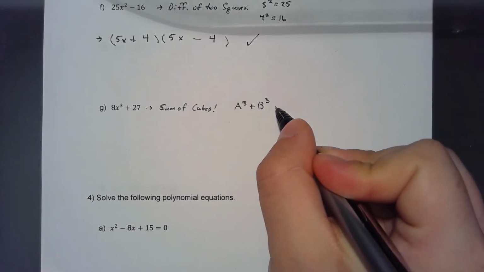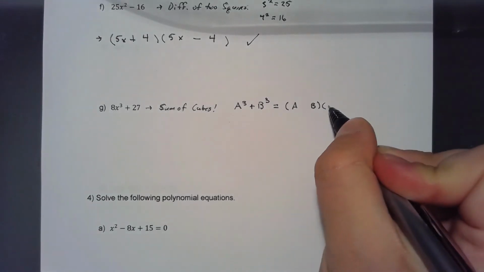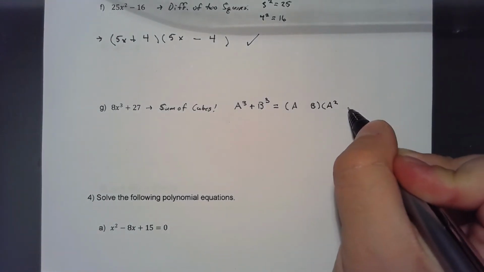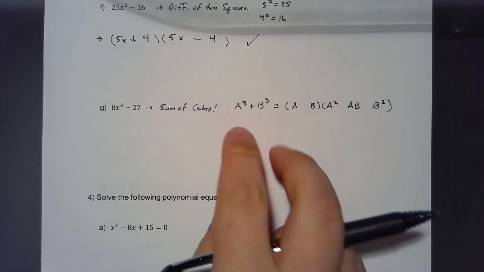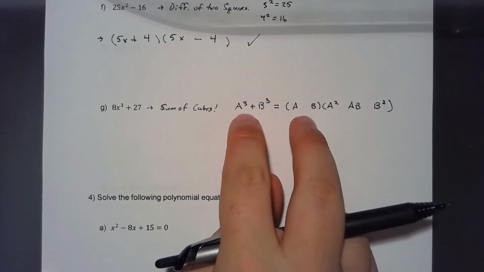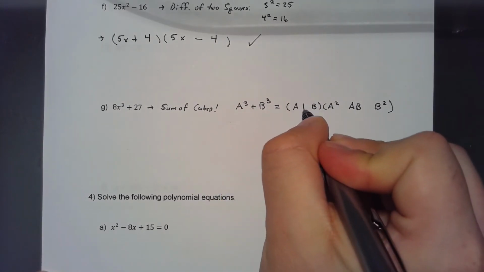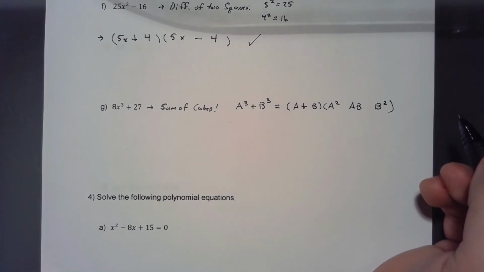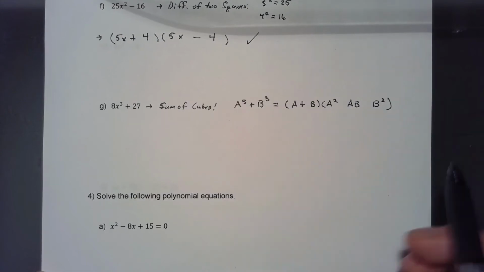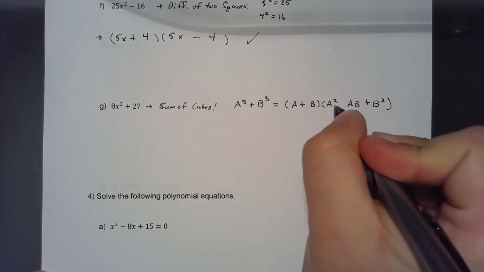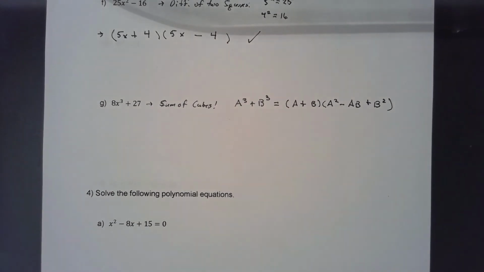If I have a cubed plus b cubed, I get a linear factor and a quadratic factor. The first signs match, so for a sum of cubes this one is the same. This one is always going to be addition, and this one is negative. That's a sum of cubes.